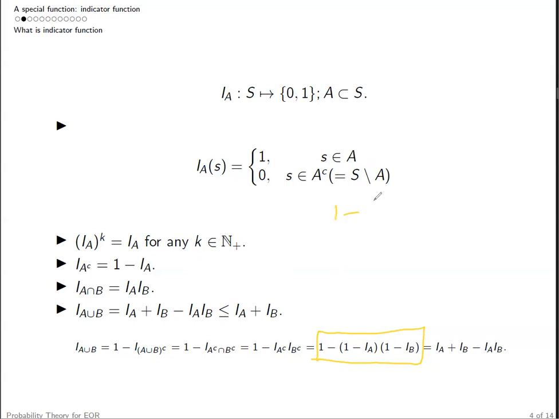So 1 minus IA times 1 minus IB is equal to, inside, 1 times 1 is still 1, then minus the function IA, minus the function IB, plus the function IA IB.